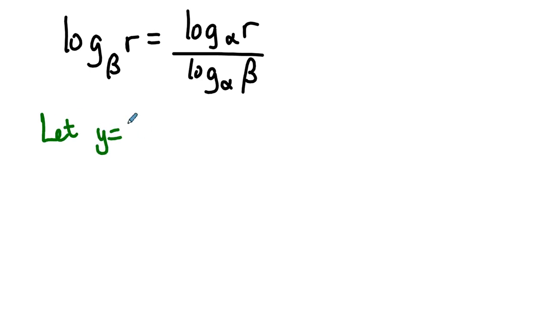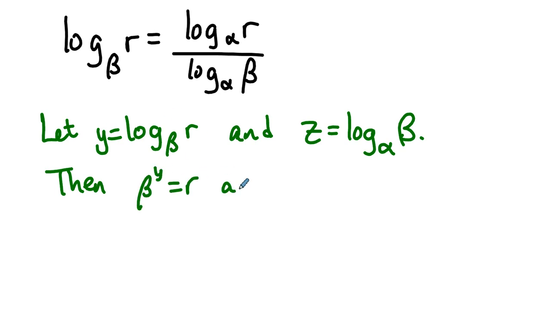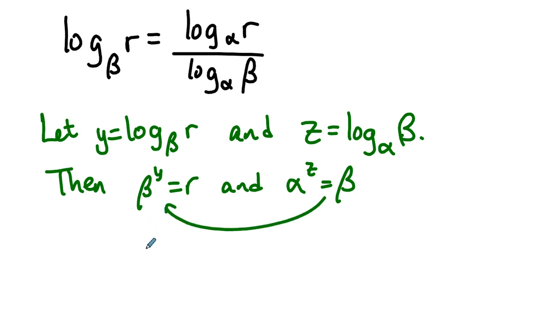We let y be the log base beta of r, that's this thing, and we let z be the log base alpha of beta, that's this thing. Well, what does that mean? Well, this means that beta to the y is r, and this means that alpha to the z is beta. Well, wait a minute. So that means that beta to the y is alpha to the z to the y, right?